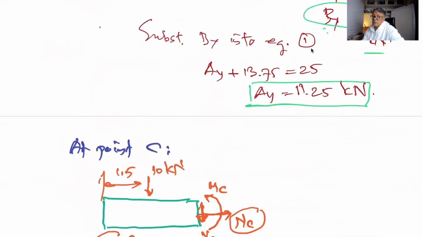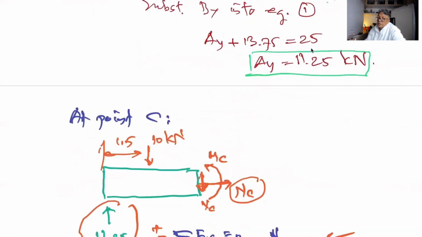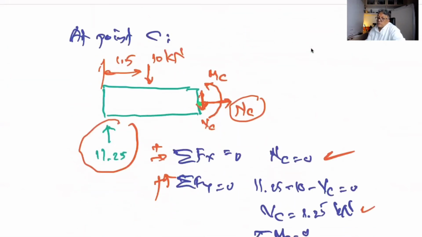At point C, right here, what do we have? Sigma Fx equal to 0, of course, and NC equal to 0. And then how about Vz? See, we have Vz.